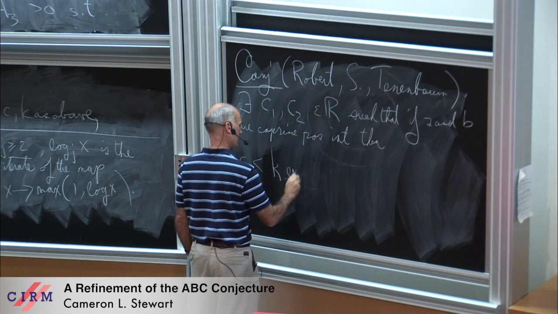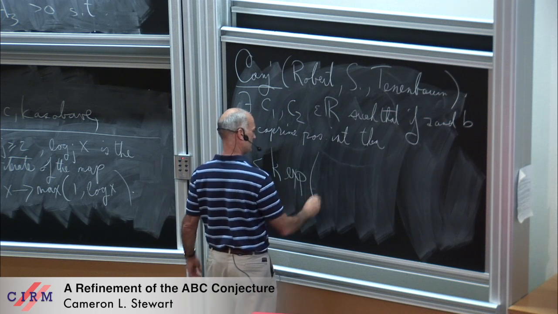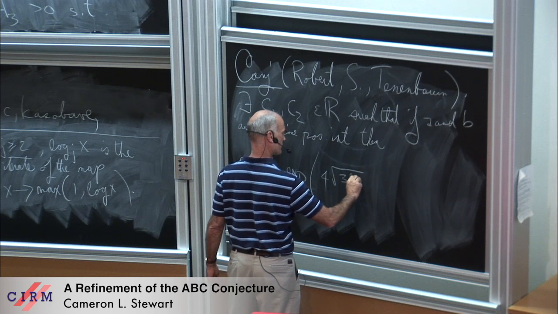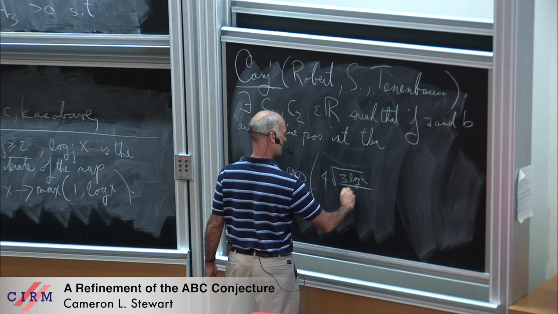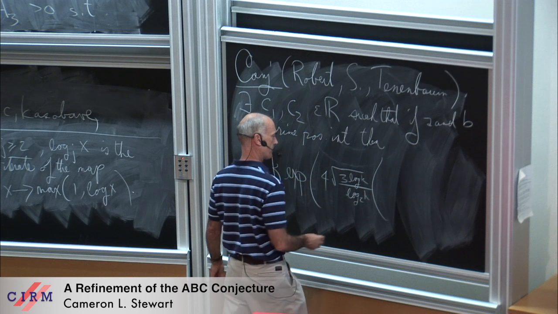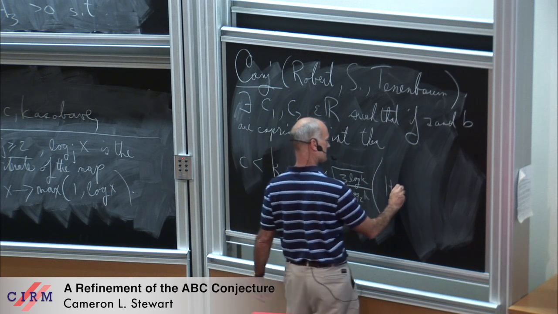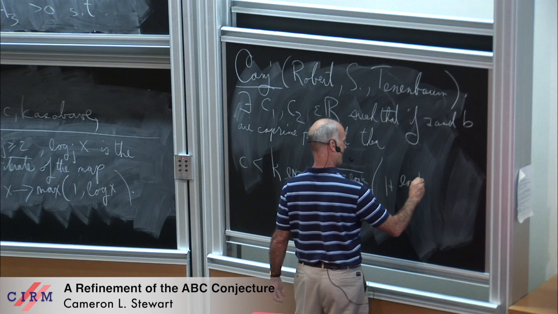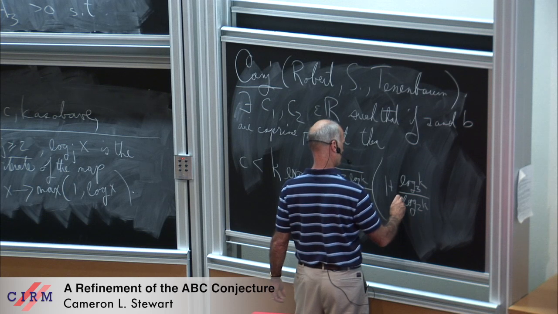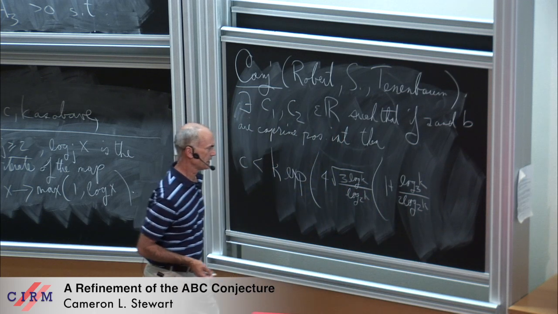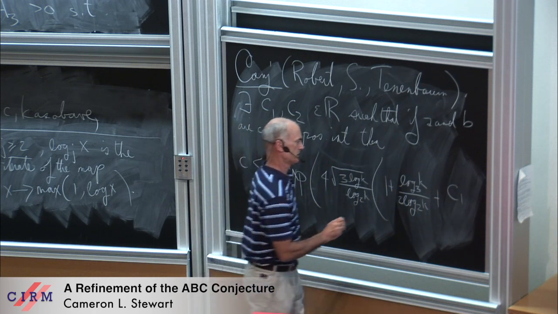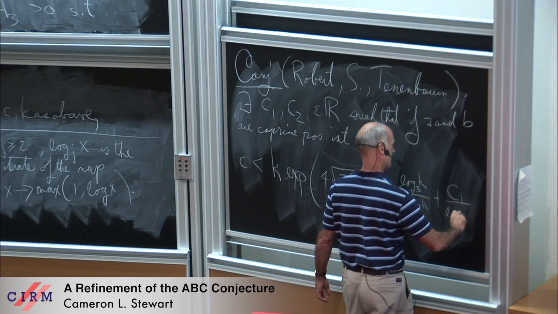K, the exponential of 4 root 3 log k over log 2k, multiplied by 1 plus log 3 over twice log 2k plus C1 over log 2k.